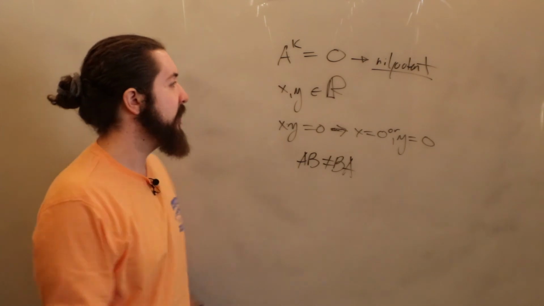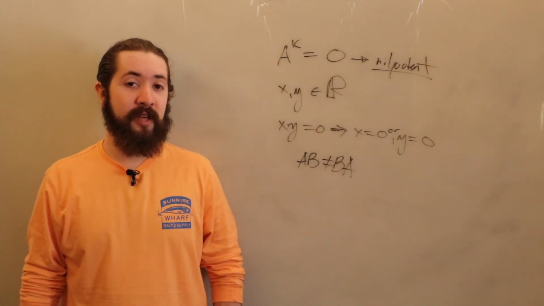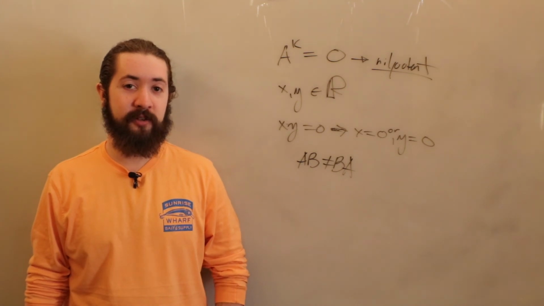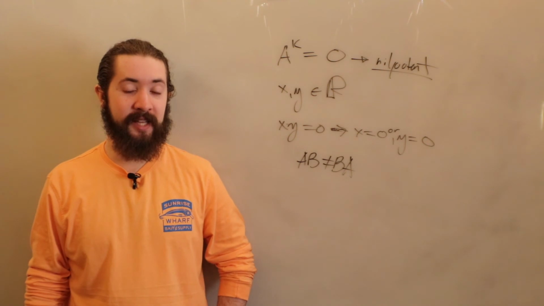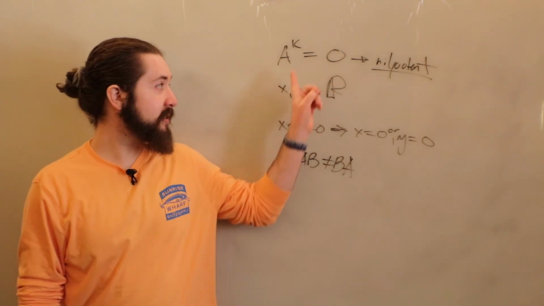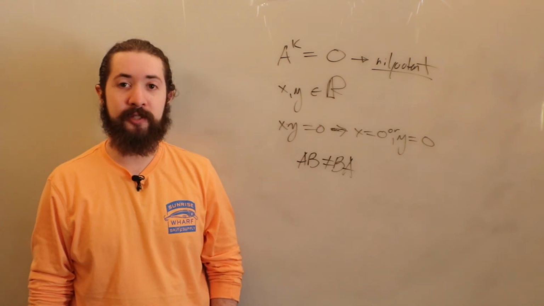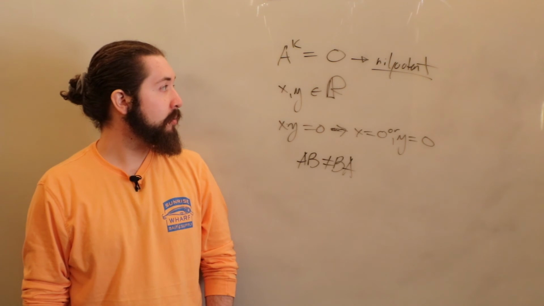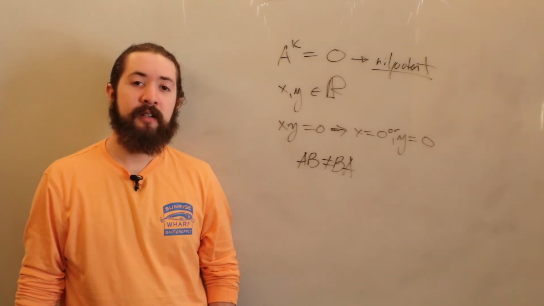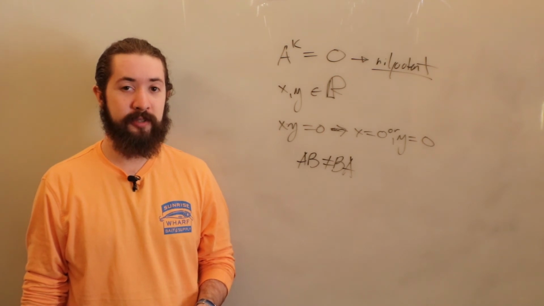Nilpotent matrices play a very fundamental role in what's going to turn out to be the main theorem of our matrices series, the Cayley-Hamilton theorem. So keep this in the back of your head. There are matrices which square, cube, etc. to 0, or, hint, hint, hint, satisfy a polynomial as a root.